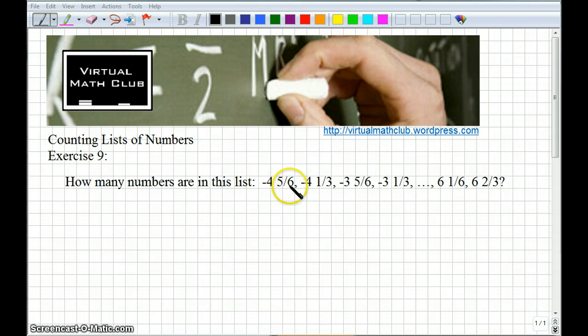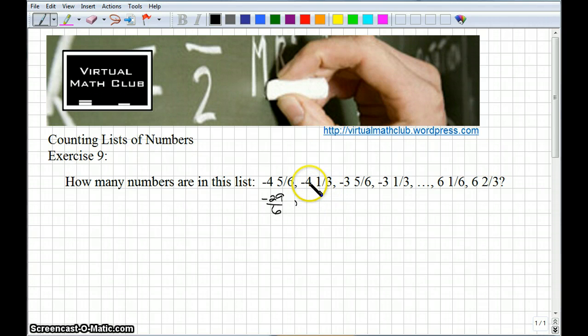So, okay, this first one we have, if we convert that to an improper fraction, 4 is 24 sixths. So if you add 5/6 to that, and it's negative too, so it's a negative 29 sixths, right? The next number, we are going to convert this to sixths.